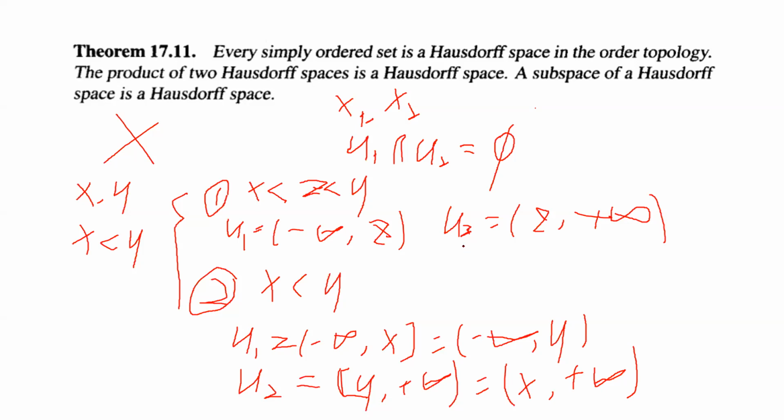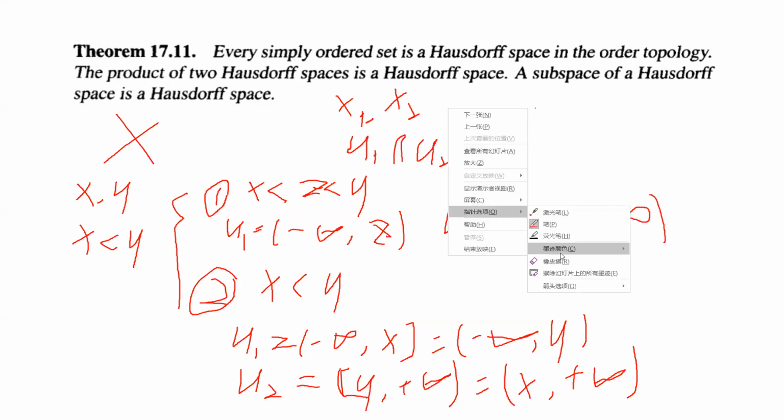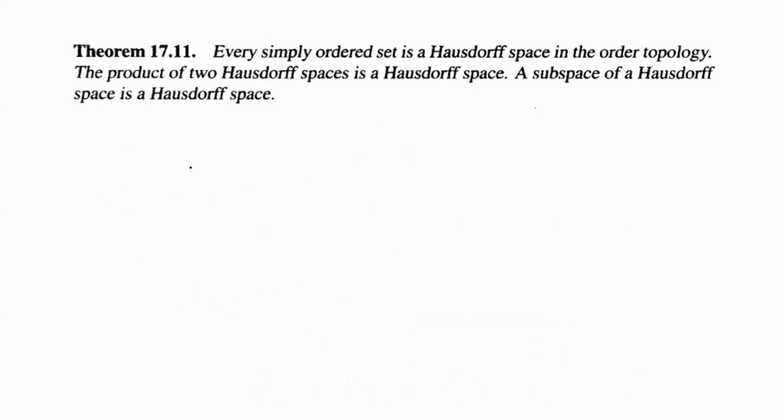Okay, if not, let's come to the second one. For the second one, first we assume we have a product of two Hausdorff spaces, X times Y. Suppose we have two distinct points, (A1, B1) and (A2, B2).